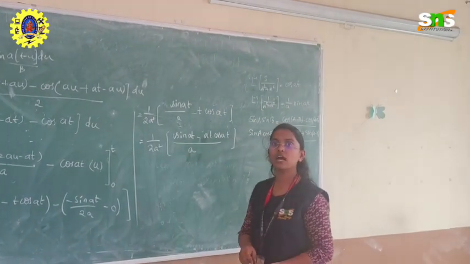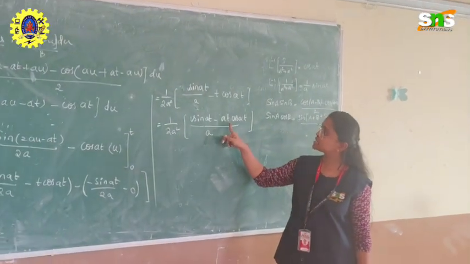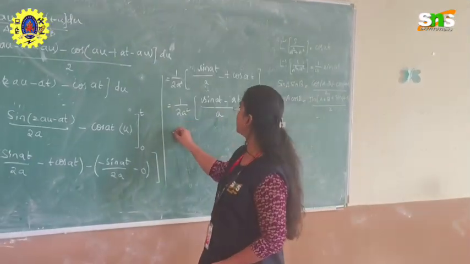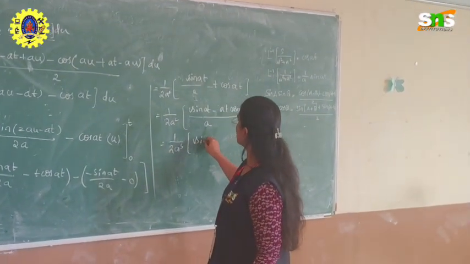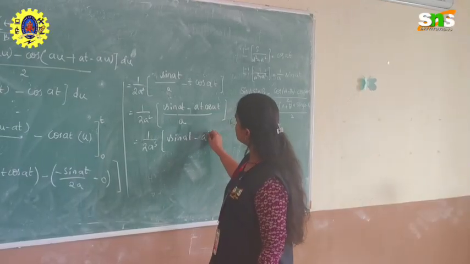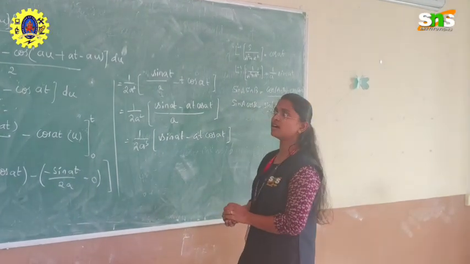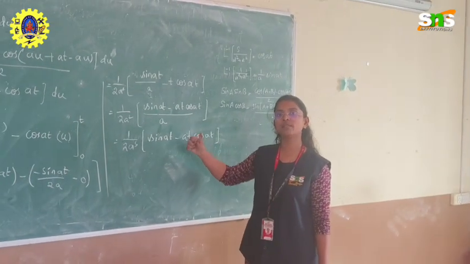So you will get the answer 1 divided by 2a square, sin at minus at cos at, divided by a. I can also take this a outside, so 2a cube, sin at minus at cos at. So this is the answer for the inverse Laplace transform of 1 divided by (s square plus a square) whole square.